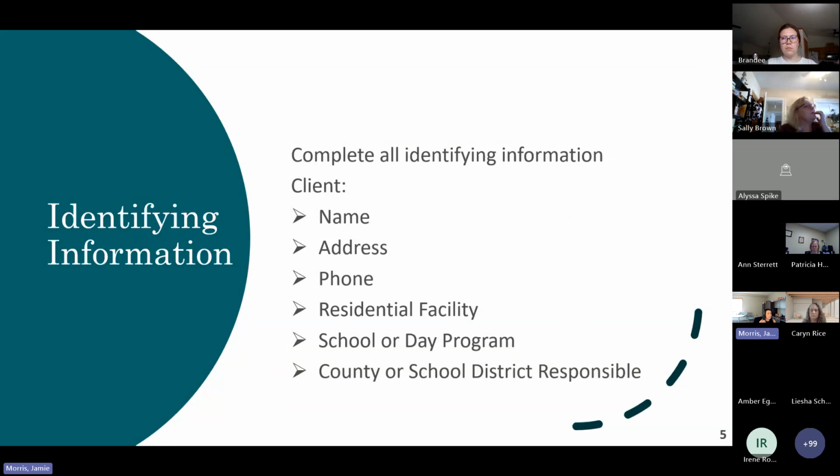In some cases there might be a county involved, or they might be under a commitment and the county is financially responsible, and you could put that in there. If none of that is applicable, you can write NA.